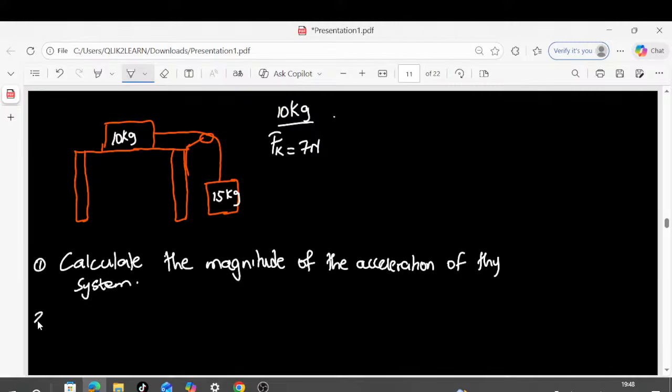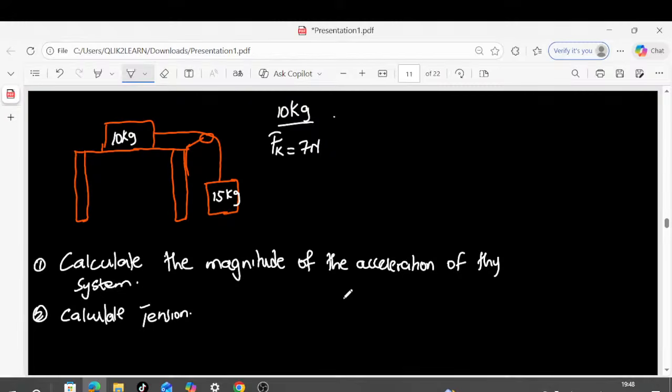Second question, calculate the tension. I think we can all see this now. We calculate the magnitude of the acceleration of the system, and then we calculate the tensional force.